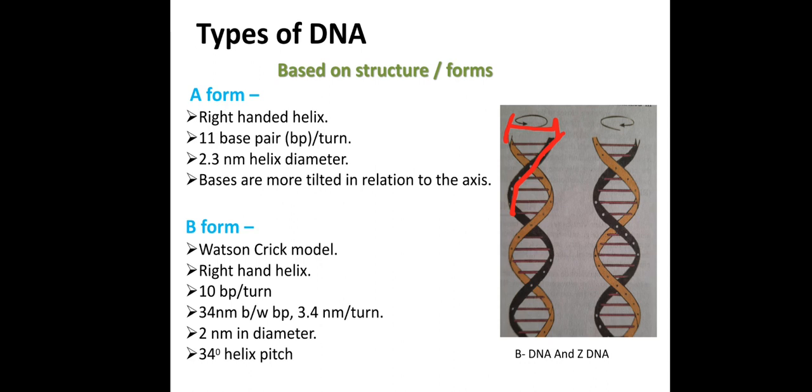And here the bases are more tilted in relation to the axis. If you take the molecular arrangement, the tilting, the sloping of these bases, it is more compared to the B DNA form.